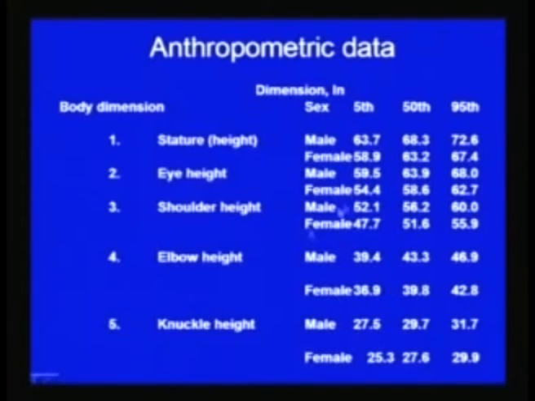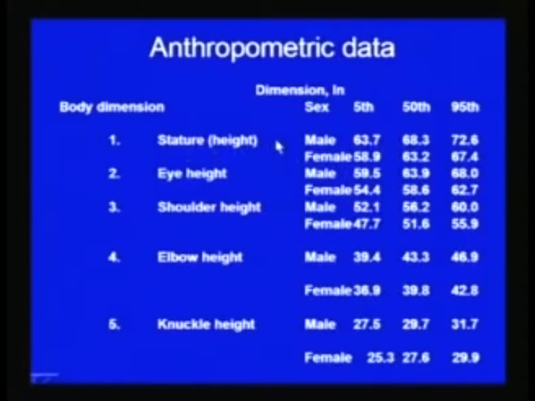We can see here the different body dimensions like stature, eye height, shoulder height, elbow height, and knuckle height. These are heights from the horizontal surface on which the person is standing. Then, depending upon the sex of the person, whether male or female, the body dimensions are different for different percentile ranges. For the 5th percentile it is on the lower side, and for the 95th percentile it is on the higher side.